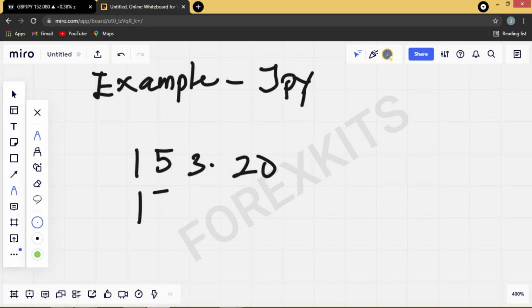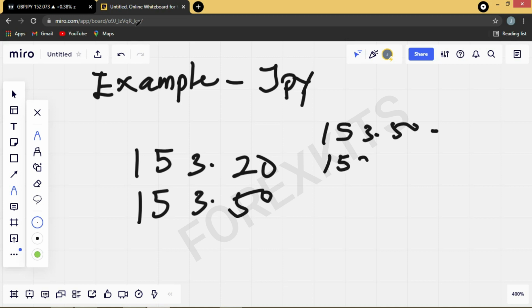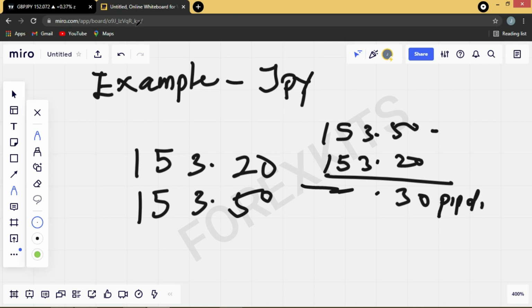What's the difference between these two numbers? Then we do 153.50 minus 153.20. The difference: 5 minus 2 is 3, and every other thing stays the same. So this is a 30 pip difference. Now imagine that in this scenario price moved from here to 154.50.